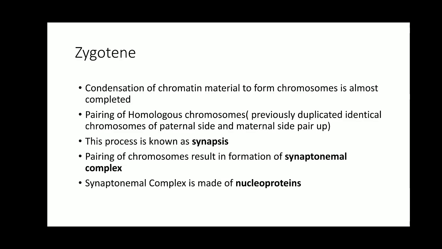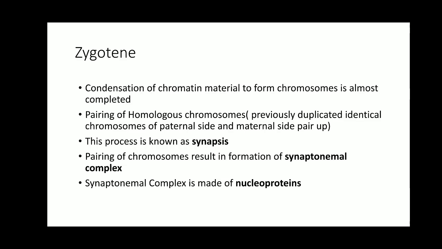Now what happens? Here the step is going to be different as compared to the normal prophase of mitosis. In the normal prophase of mitosis, the condensation takes place, but in case of prophase 1, an extra step is going to take place, that is pairing of homologous chromosomes.